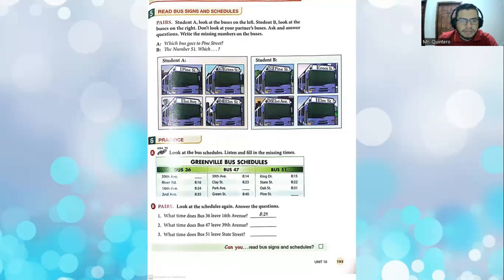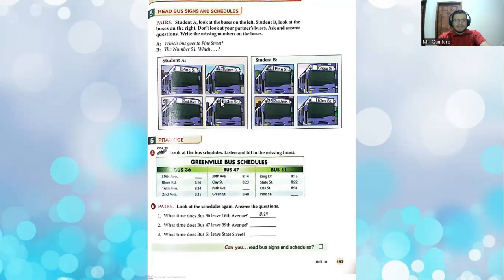Or which bus goes to Elm Street? For example, which bus goes to Pine Street? Student B says 51. Student B asks, which bus goes to Elm Street? Entonces le responde el estudiante A.